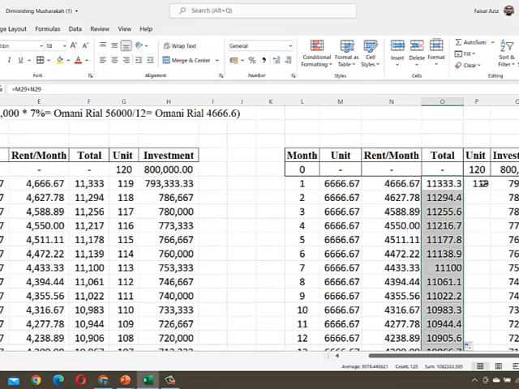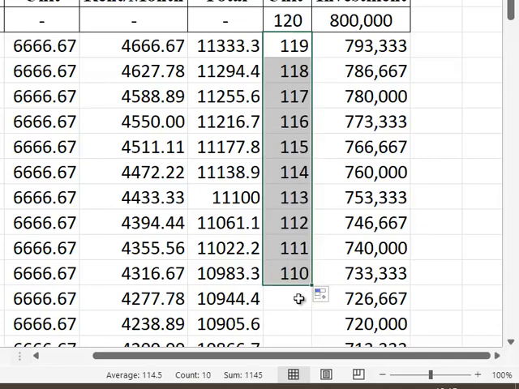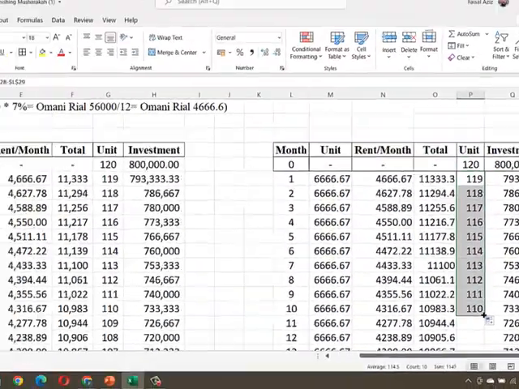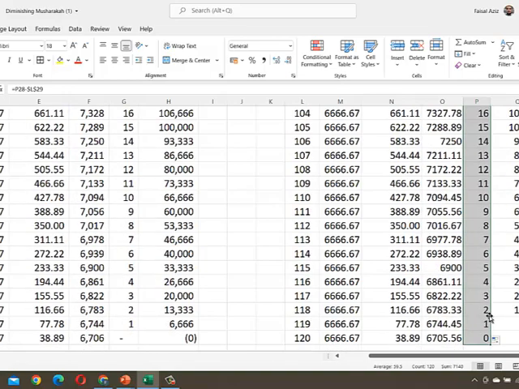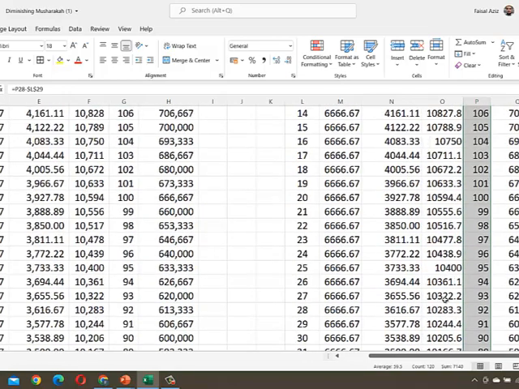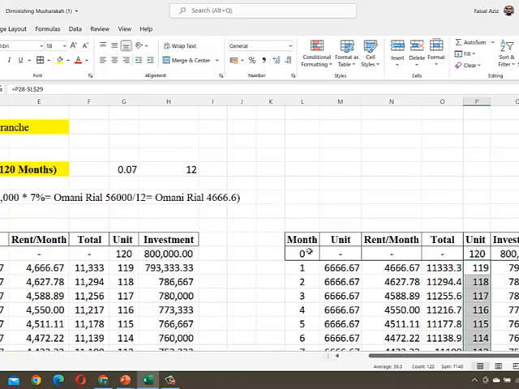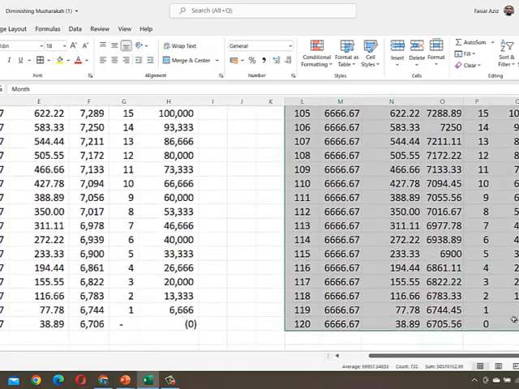And here when it comes to units, after 1 month the outstanding units will be 119, and you can see successively it will become 118. Like that it will reduce, and finally when I double click, you can see that towards the end the ownership of the bank will become 0. So this is how we can calculate a diminishing Musharakah schedule for any asset financing.